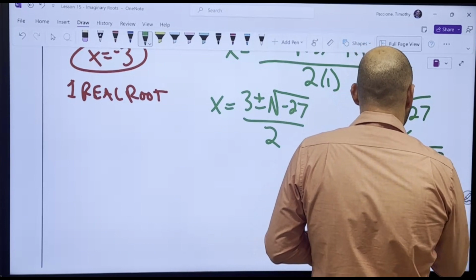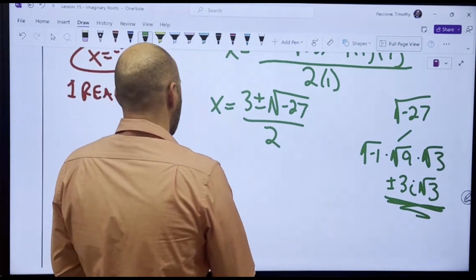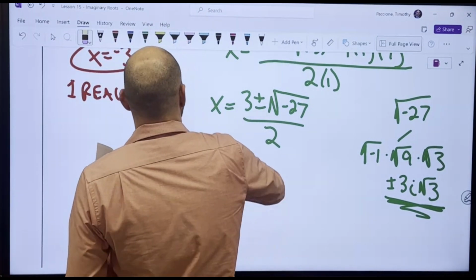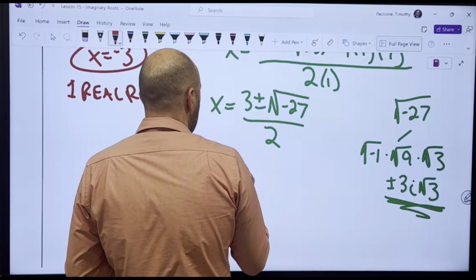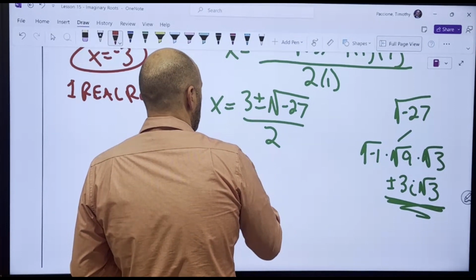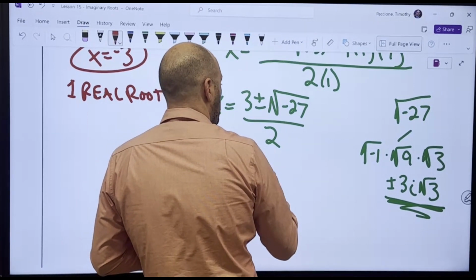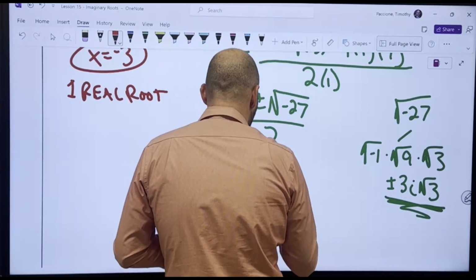So this piece right here goes in where there was a square root of negative 27. And I get x equals, let's switch back to red, x equals 3 plus or minus 3i square root of 3 over 2.